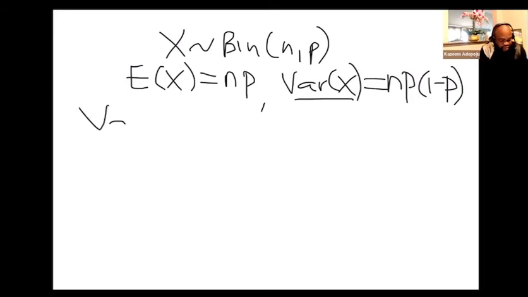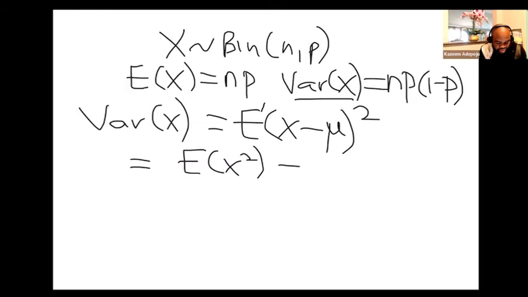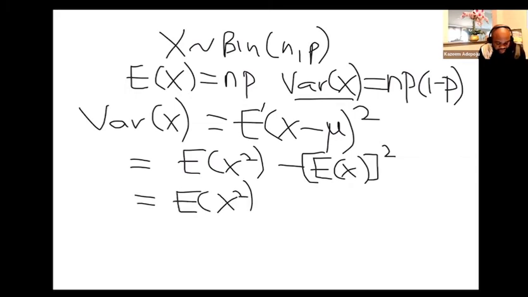Now, if I want to talk about the variance of X, I said it is the expected value of (X minus mu) all squared. Don't forget that. And the expected value of (X minus mu) squared, we have also proved that it is equal to the expected value of X squared minus the square of the expected value.